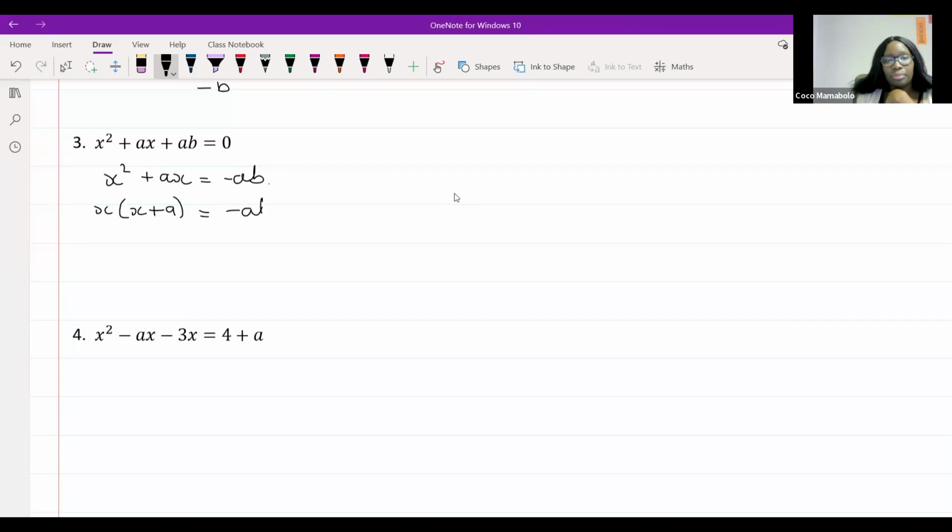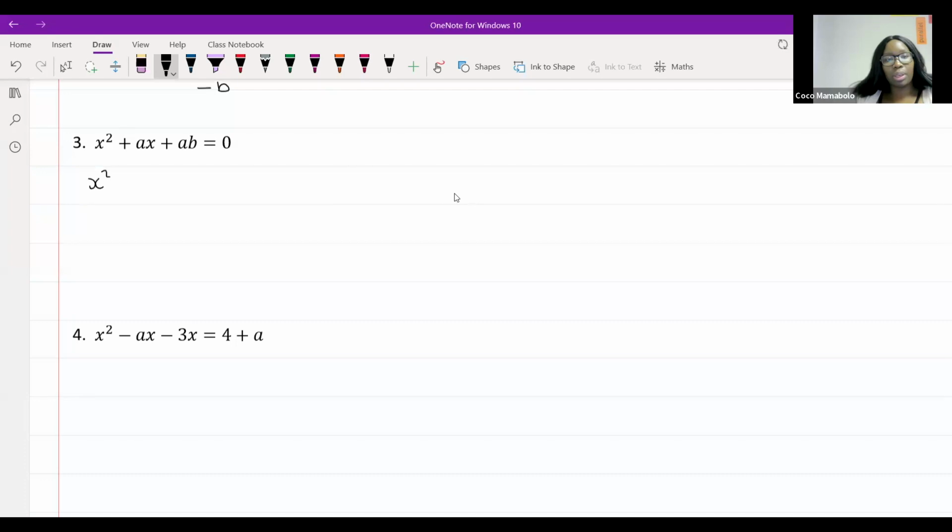Remember, the difference of squares means negative, so there must be a negative in between the two. Okay. No, there must be something that can be done here. Anybody got an answer? Guys, I can't believe I set this question myself and I also don't know what I'm doing here.